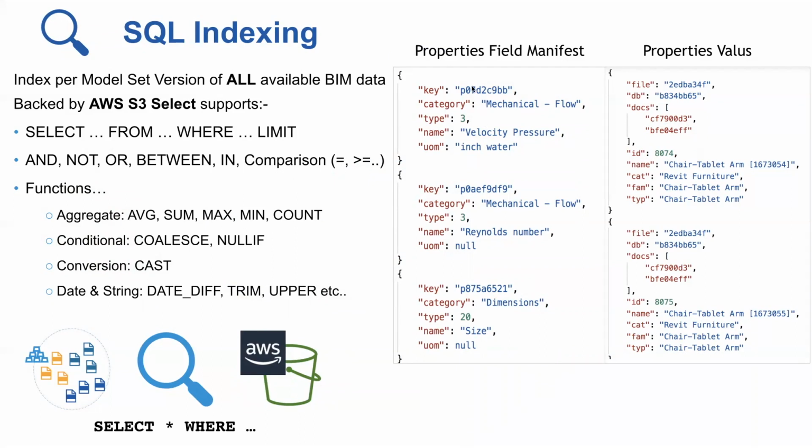So you can see that on the cloud, after coordination finishes the clash test, it will also generate the model properties index on the cloud. Each property will have a unique key and also the name. After you query by the SQL schema, it will give you the element, the property information, the values. For example, you can see the name, the category, the family, the type of the element.